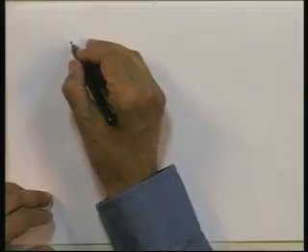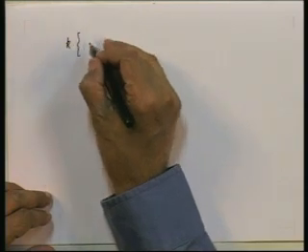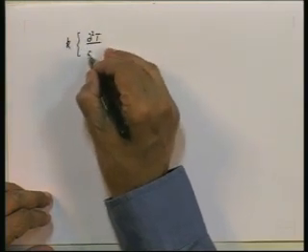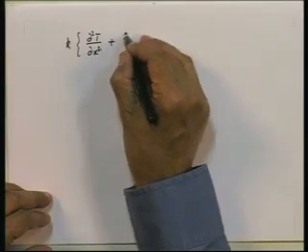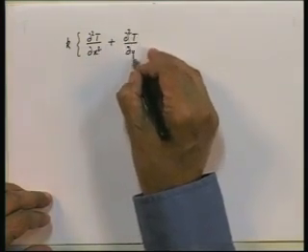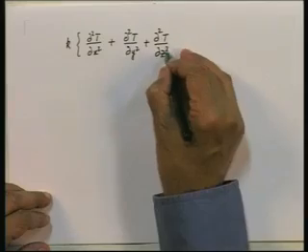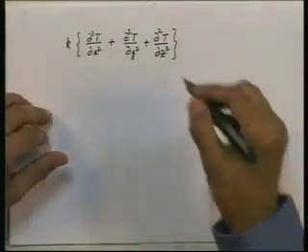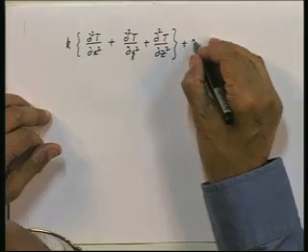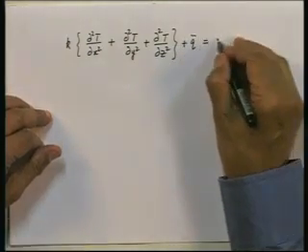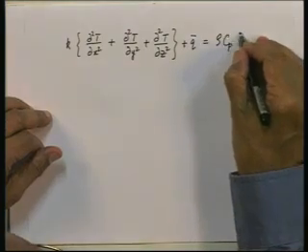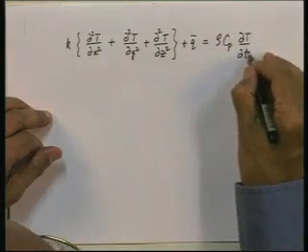Just to repeat again, the general differential equation to be solved is k times d2T/dx squared plus d2T/dy squared plus d2T/dz squared, plus q bar, is equal to rho Cp dT/dt. That is our general differential equation.